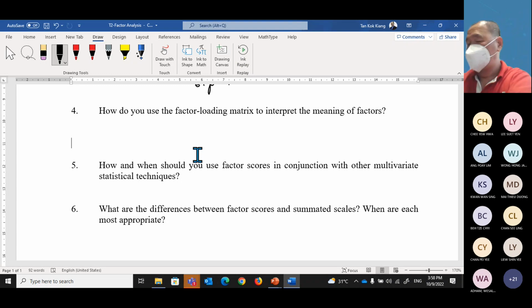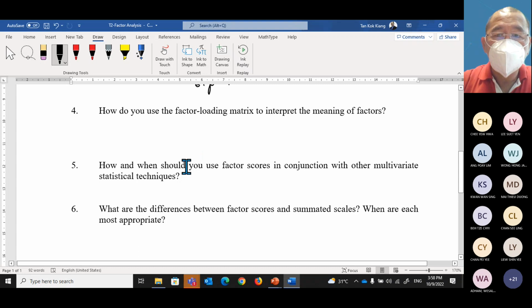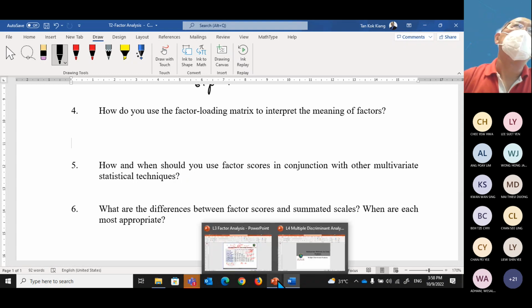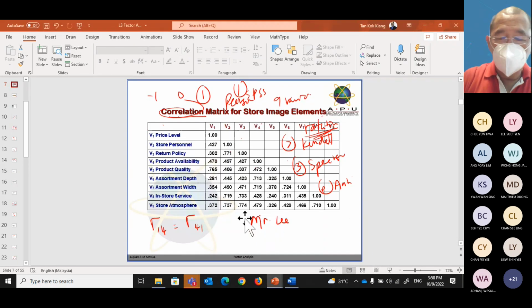How and when should you use the factor score in conjunction with other multivariate statistical techniques? Here of course you focus on the advantage of the factor score.